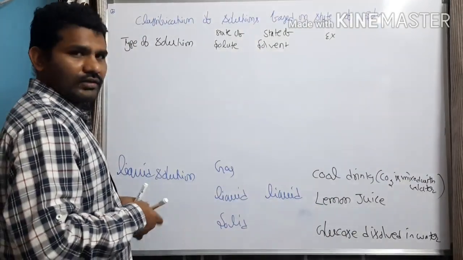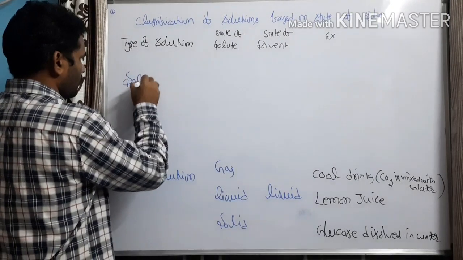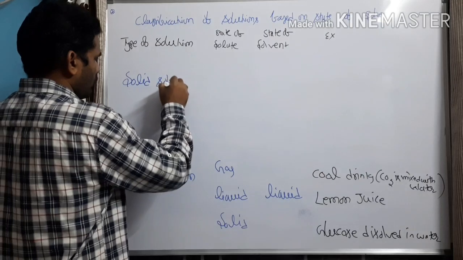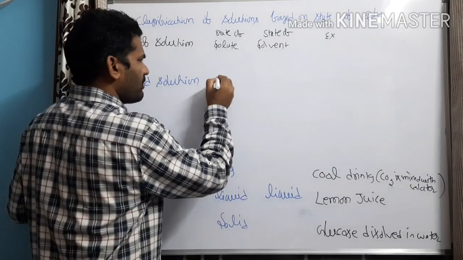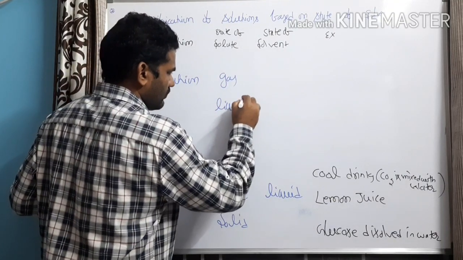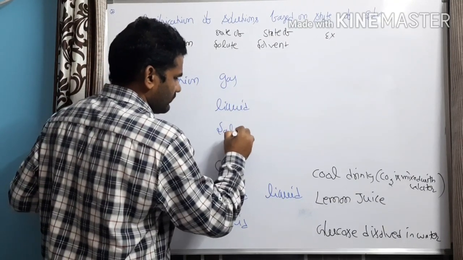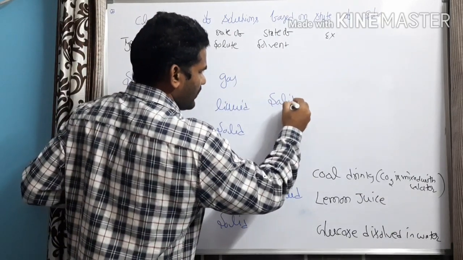Now let us consider the solid solutions. In solid solution, solute may be present in gaseous state or liquid state or solid state. But the solvent is always present in solid state.